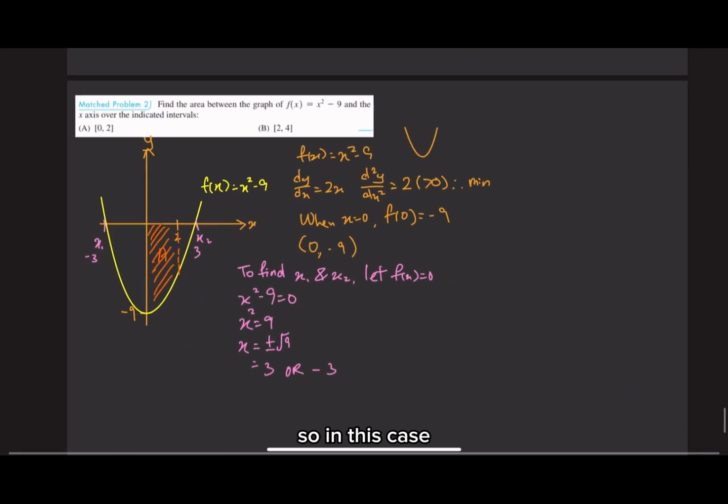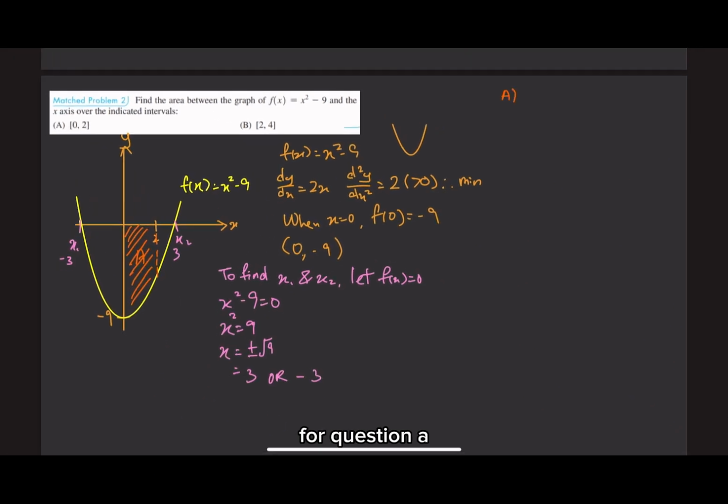So in this case, for question A, our upper function is y equal to 0 and our lower function is x squared minus 9, which is our f of x. Right?